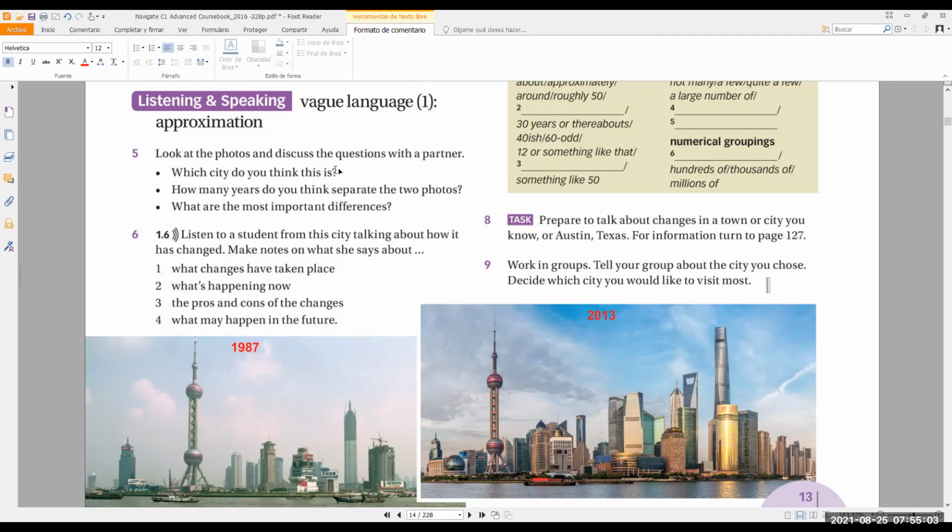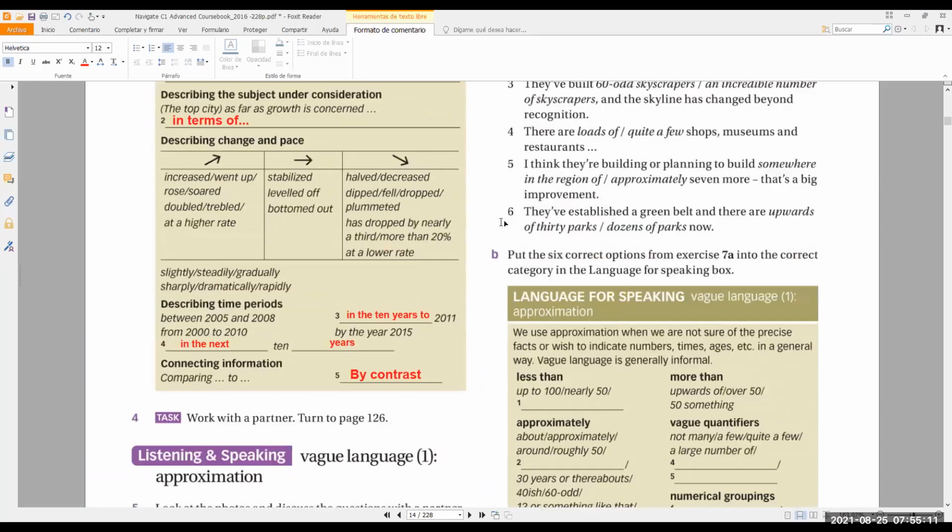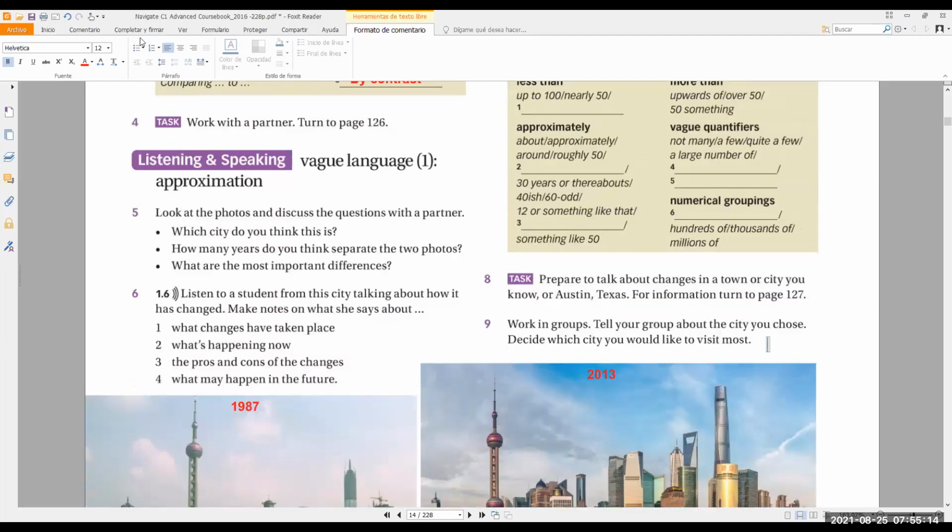What did she say about what could happen in the future? You remember that, guys? That they're planning to build 7 more skyscrapers. Well, you're so close.